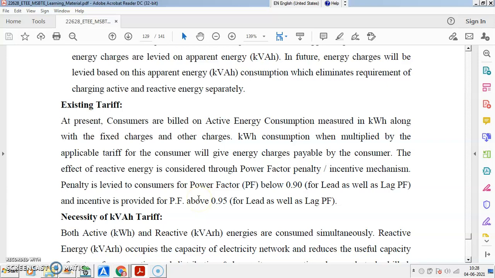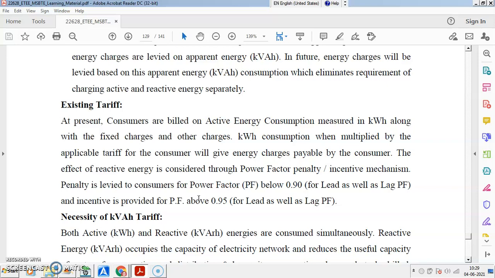As far as the existing tariff is concerned, the present consumers are billed on the basis of active energy consumption, that is kWh. Everybody knows about this; everyone knows that we are billing on active energy. The kWh consumption, when multiplied by the applicable tariff for the consumer, gives the energy charges the consumer has to pay.